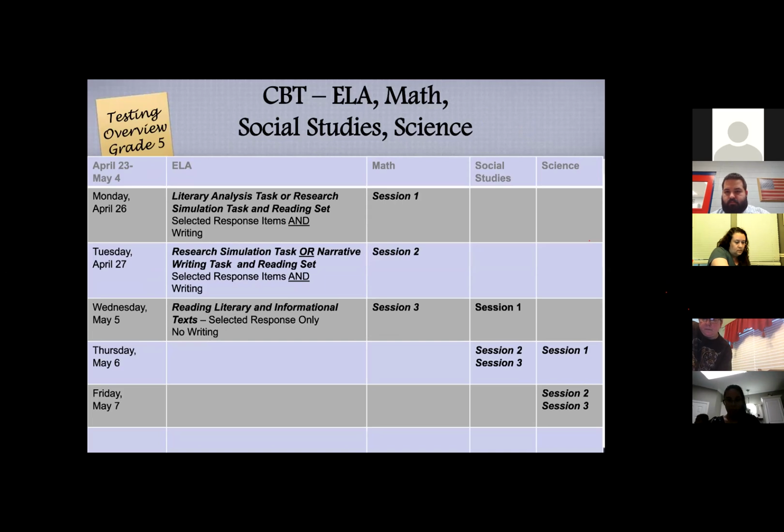On Monday, the 26th, they'll have one session of ELA and one session of math. On Tuesday, they'll have one session of ELA and one session of math. On Wednesday, the following week, they will have a small session of English and a small session of math, and then their first big session of social studies. And then on that Friday, they will have the one session of science and finish up with the 2 sessions of social studies.